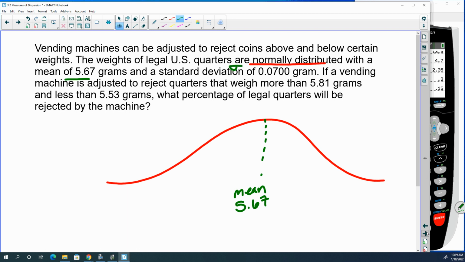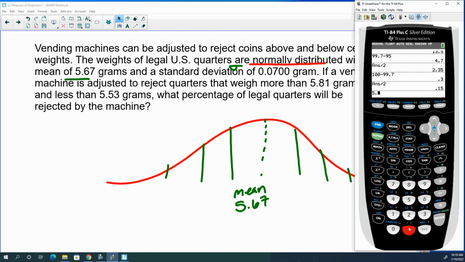So to come up with these next lines, I'm going to add 0.07 and subtract 0.07 starting with my mean. I'm going to take my mean, 5.67, and add the standard deviation of 0.07. I don't need to put the other zeros behind there, because that's the same as just 0.07. So my next number will be 5.74.